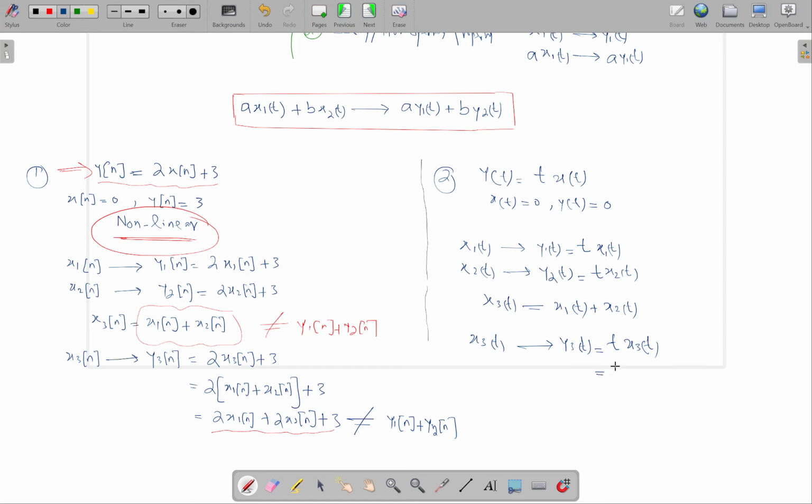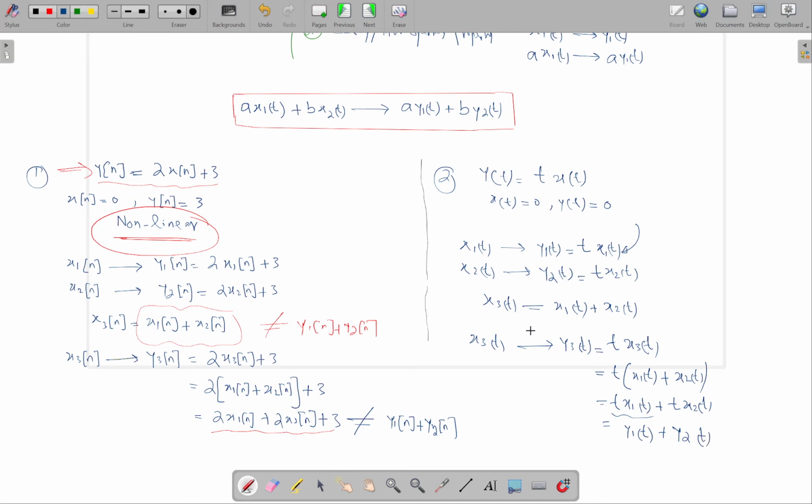Then we can substitute, instead of x3(t), x1(t) plus x2(t). If I open this bracket, this is t times x1(t) plus t times x2(t). If you look closely now, this t times x1(t) is basically y1(t), and this term t times x2(t) is y2(t).